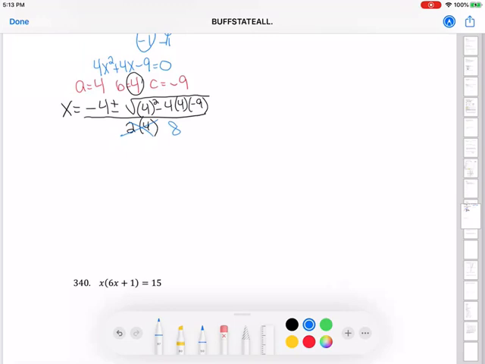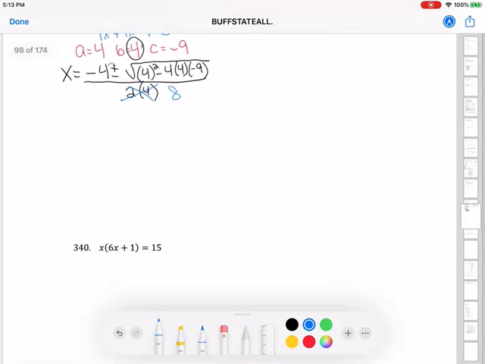Okay, and I want you guys to pause it at this point and practice plugging it in your calculator. Remember, first with a plus, then with the minus, and you always press enter after you type in the top. So again, pause it. I'm going to write down the answers for when you get back. Okay, so these are the two answers that you should have gotten when you plugged it in.